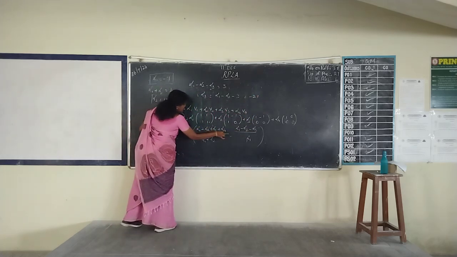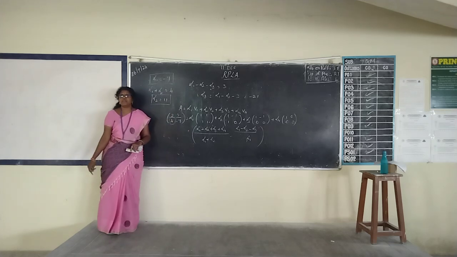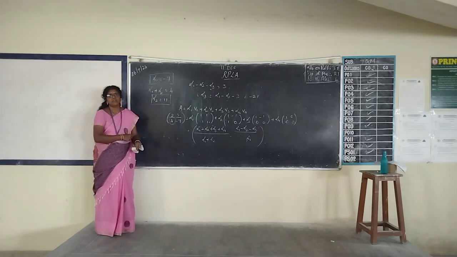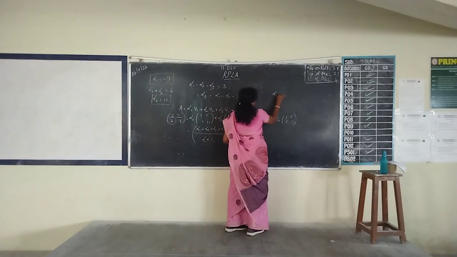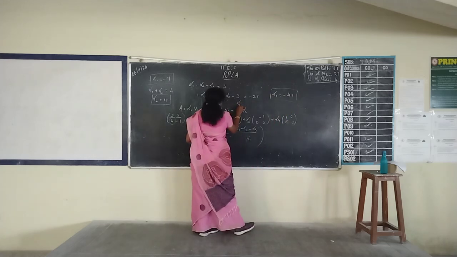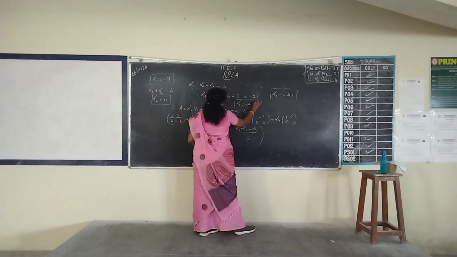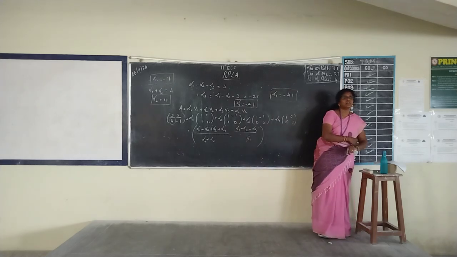First row, first element comparison. Find what alpha 4 is.